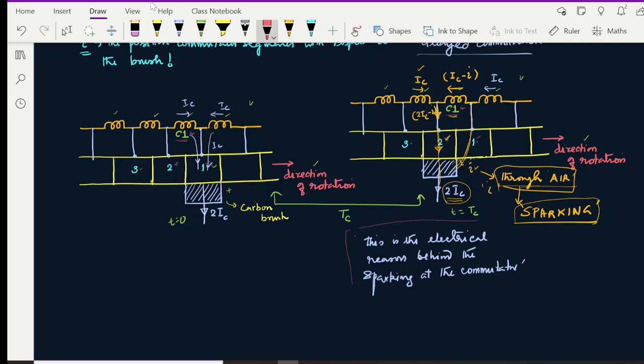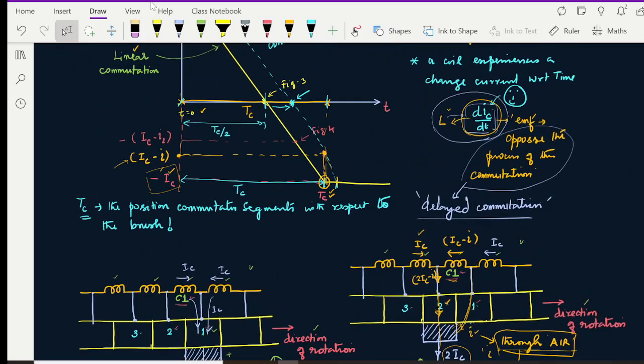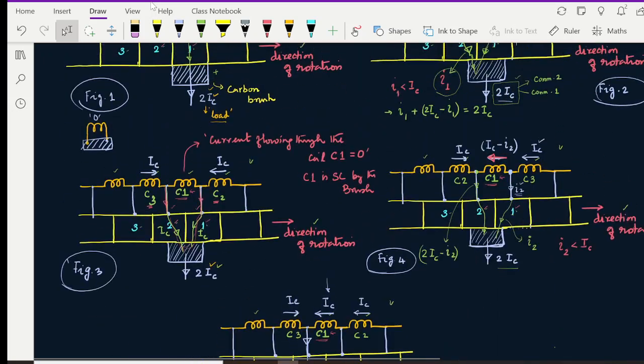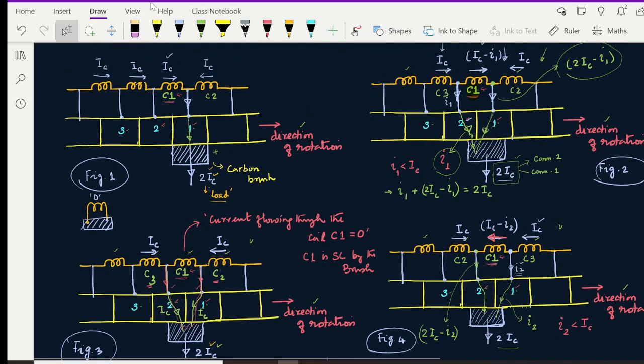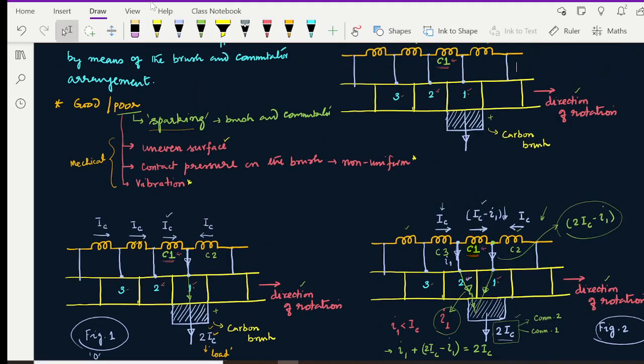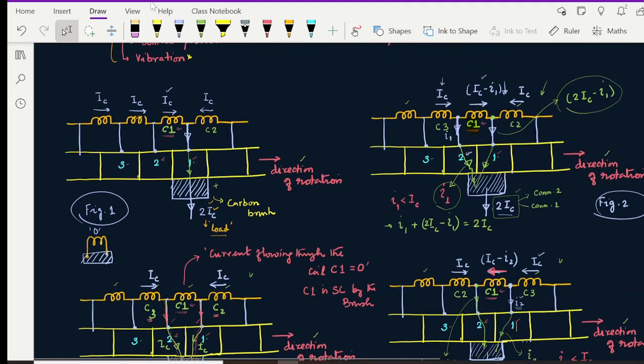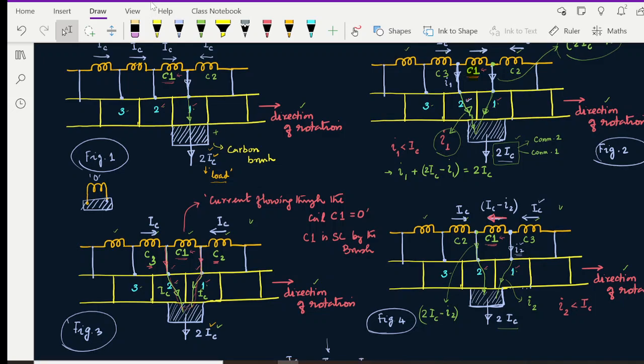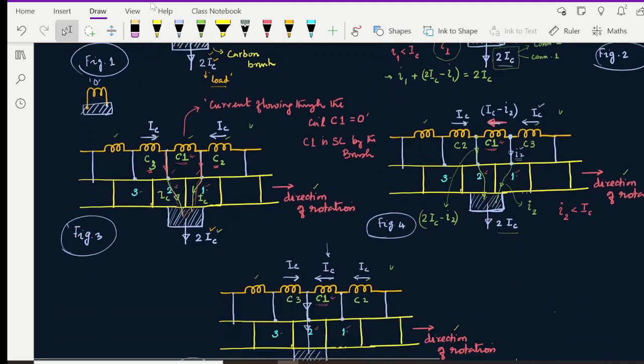Okay, probably in our physical class we will look at whether there is any mechanism to sort out this problem, I mean, any mechanism to reduce this spark. So in the entire video we have clearly seen how a commutation process happens, that is, how the current reversal in a coil happens in an armature winding.